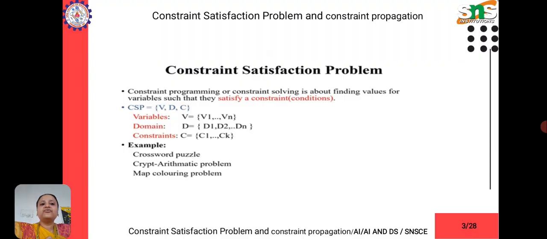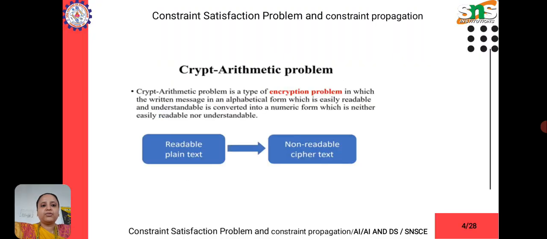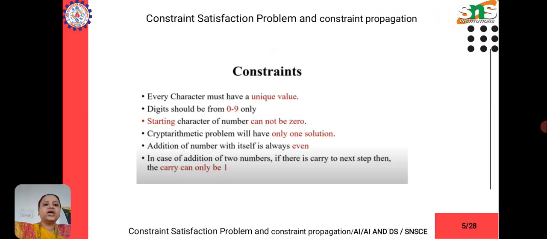Now the examples of this constraint satisfaction problem are the cryptarithmetic problem and the map coloring problem. Now, what is cryptarithmetic? Cryptarithmetic is nothing but you have to convert readable plain text into non-readable cipher text. Now, what are the constraints that are dealt with it?